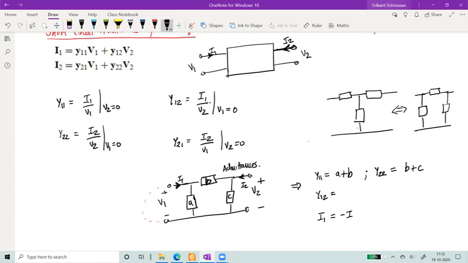So I1 is minus I2 into B by C, because B is the admittance branch which is preferred by I1. So I1 is minus I2 into B by C. And now I have to find out what is I1 by V2. That's equal to minus I2 by V2 into B by C. And I2 by V2 is equal to Y22. So this is B divided by C into B plus C or something like that.